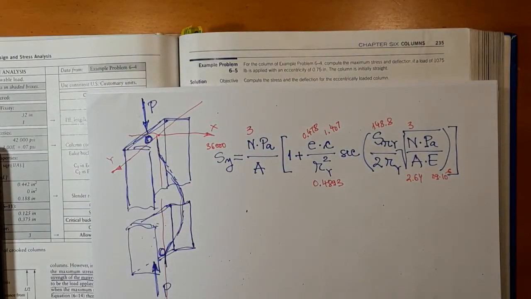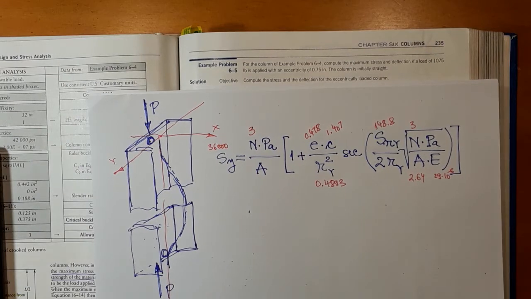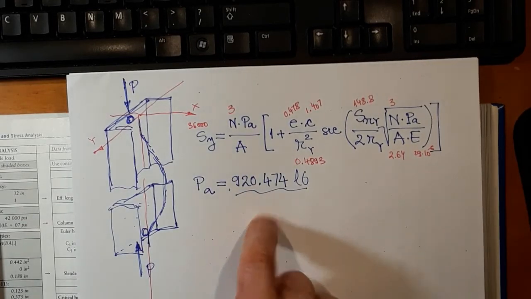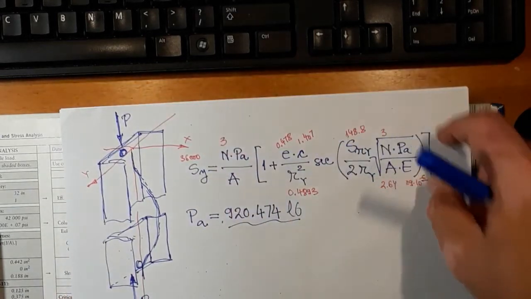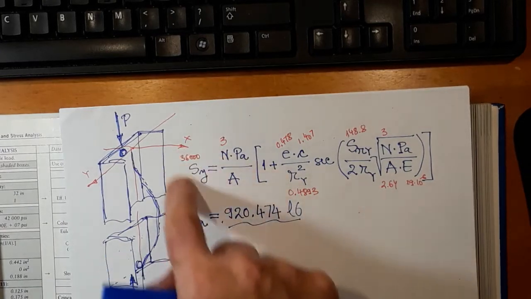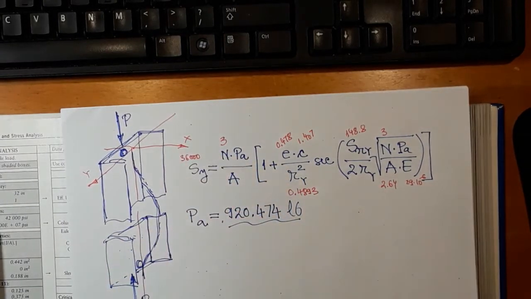This being said, I'm going to pause. Okay, so I'm continuing recording. I used Excel to iterate, so I had this equation put in Excel, and I manipulated PA until I got this very close to SY.